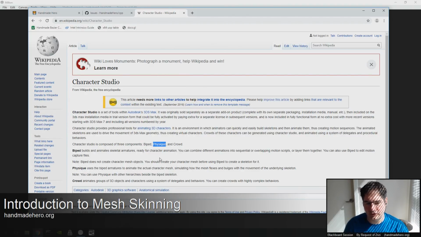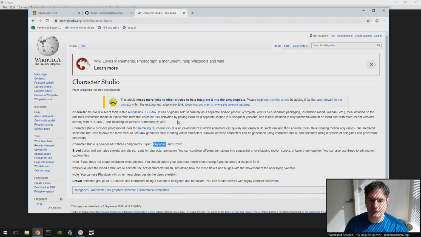So there is a plugin for the original 3D Studio Max, the very first version of 3D Studio Max, which isn't the first version of 3D Studio because 3D Studio actually went up through version 4 at least, possibly 5 in DOS.